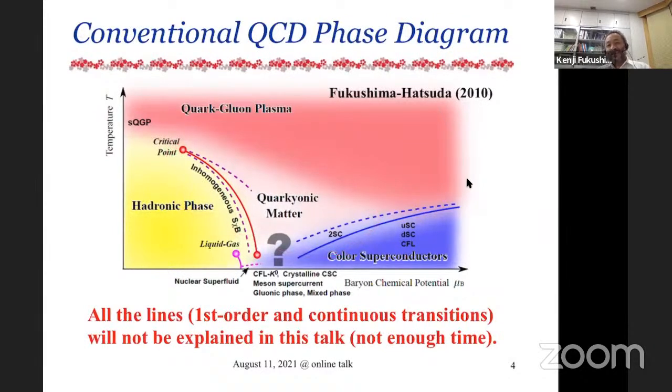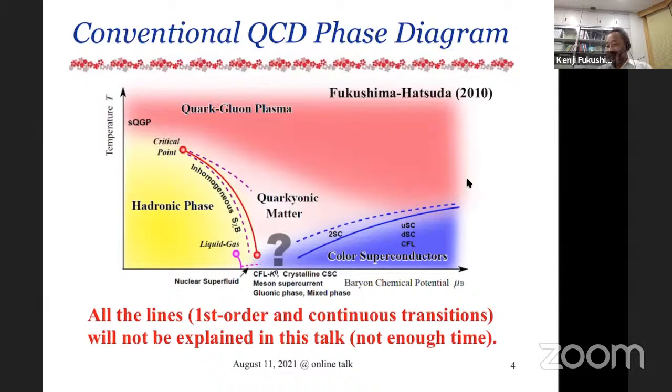Experimentally and theoretically there are so many possibilities, and the theoretical uncertainty is huge. There is no QCD-based first principle calculation yet. There are many scenarios, and nobody knows which one is correct. But anyway, this is one example that I believe.